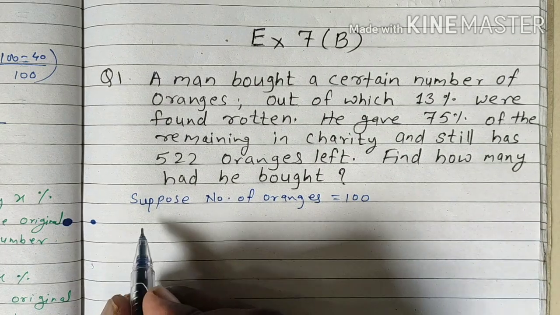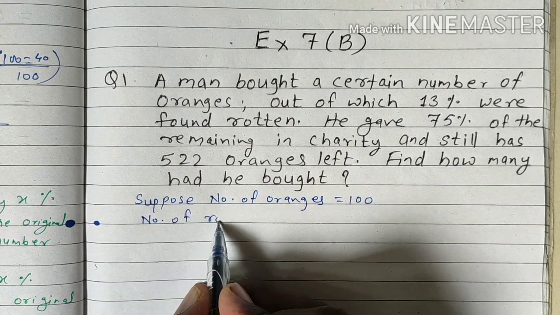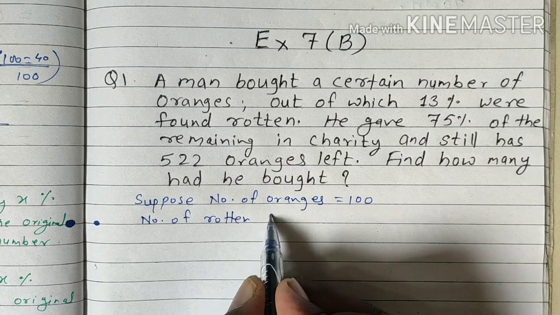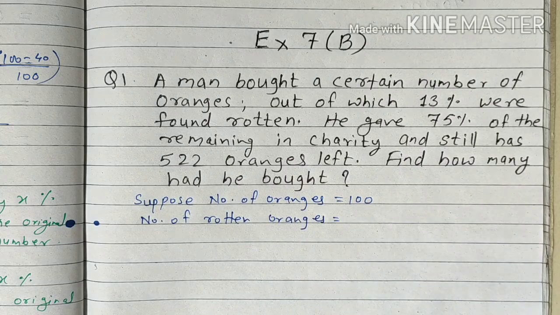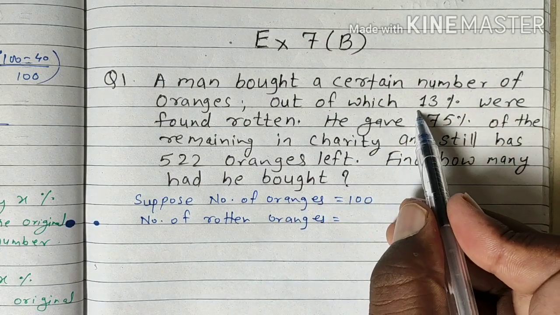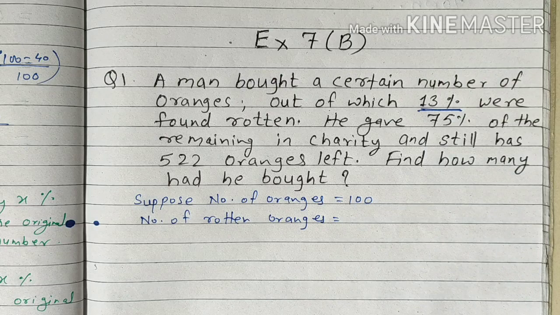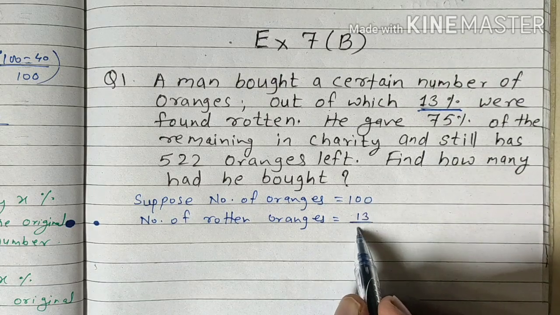So therefore, the number of rotten oranges, in the question, out of which 13% were rotten. So find out the 13% of 100.